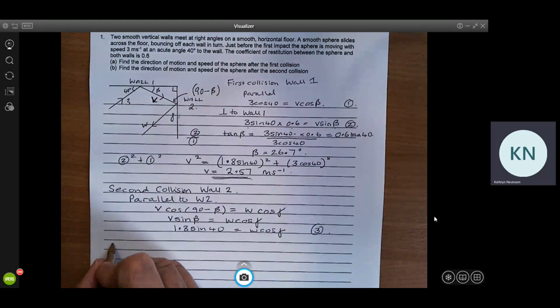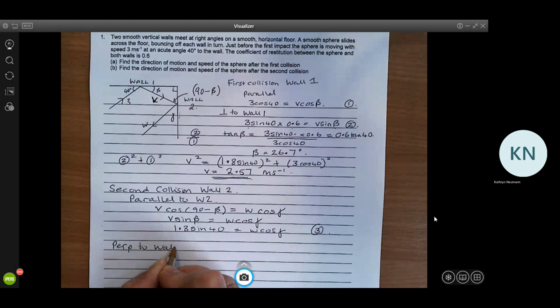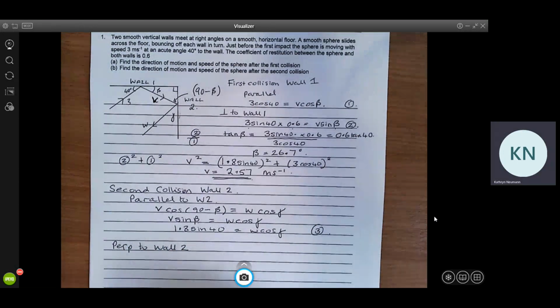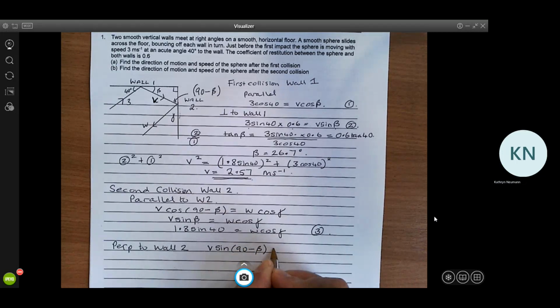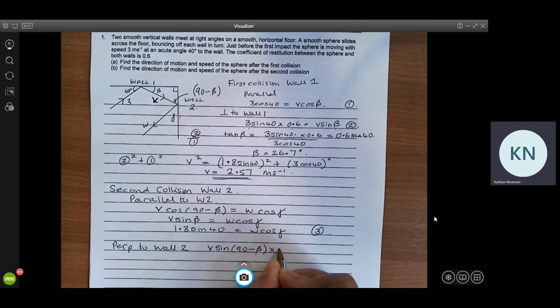So then I'm going to look perpendicular to wall 2. So perpendicular to wall 2, I've got V times the sin of 90 minus beta multiplied by e, which is 0.6, is equal to W sin gamma.